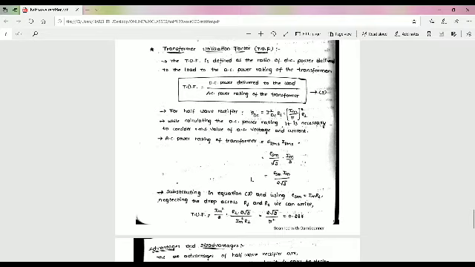The factor which indicates how much is the utilization of the transformer in the circuit is called the transformer utilization factor.